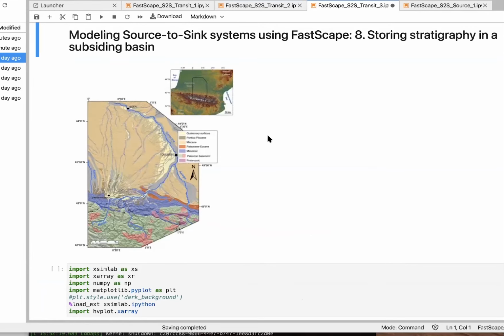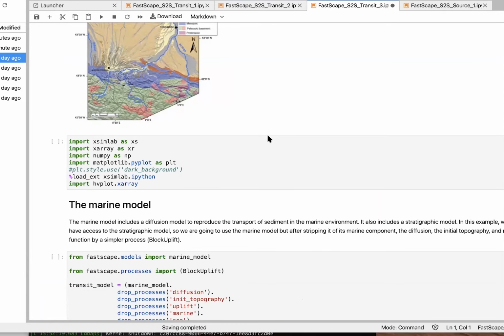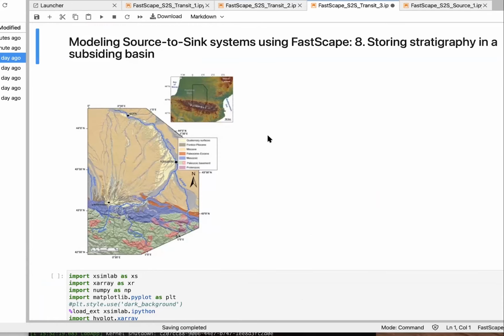One thing I want to do is look inside the basin. I'm going to make a basin, and I'm going to look at its evolution through time. But if I want to look at the time of a basin, what I need to do is predict the stratigraphy. And in FastScape, we've built a module called Stratigraphy.